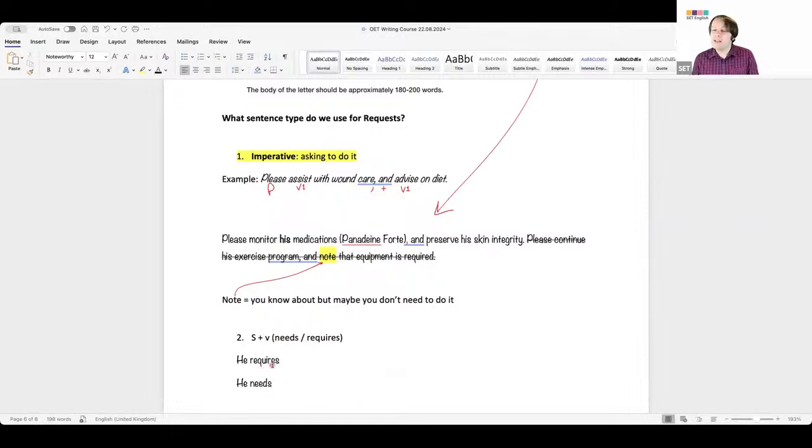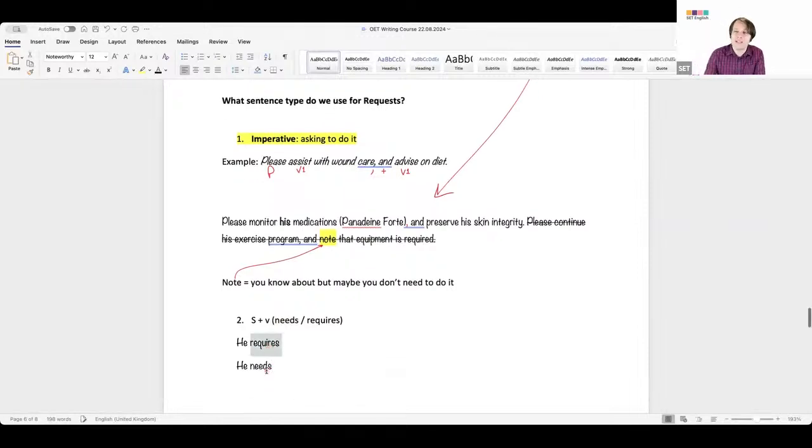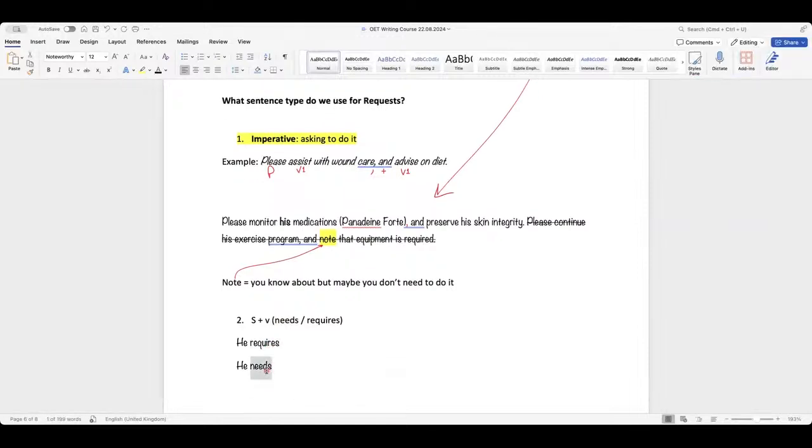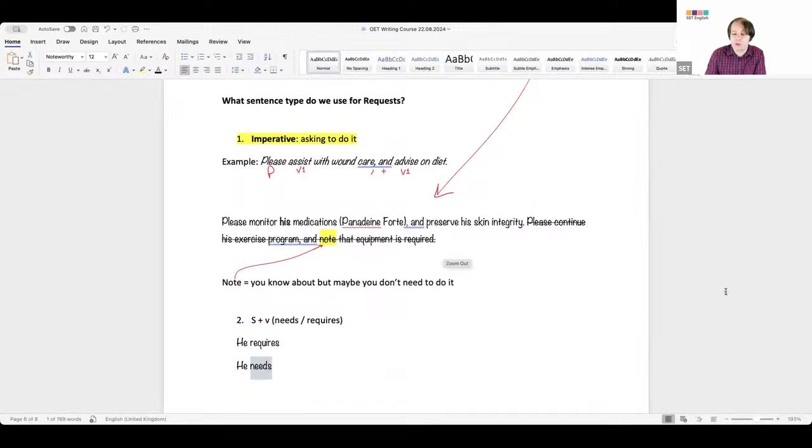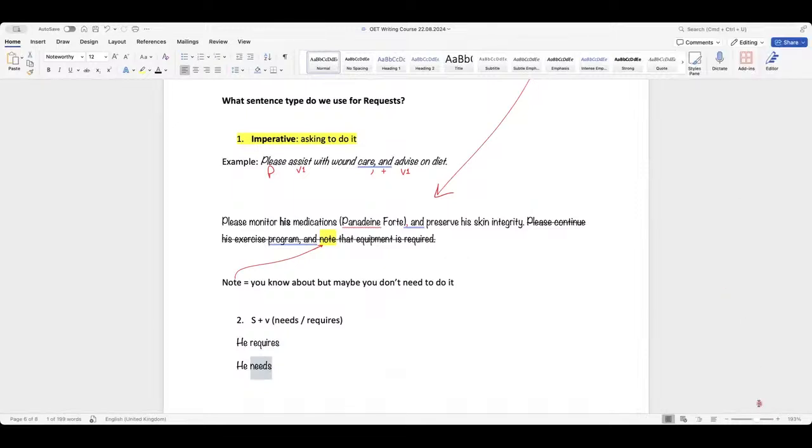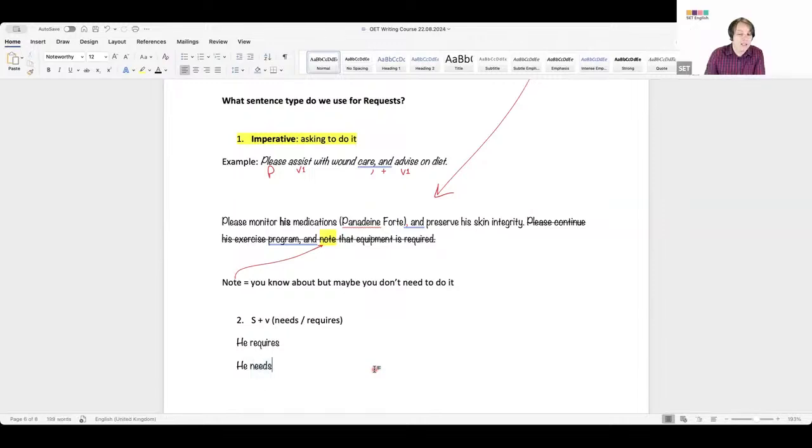Now, do they mean the same thing? Requires, needs. Is that the same? Yes. What do we call it when two words have almost the same meaning? Synonyms, right? They are synonyms, but there is a difference. Put your hand up.